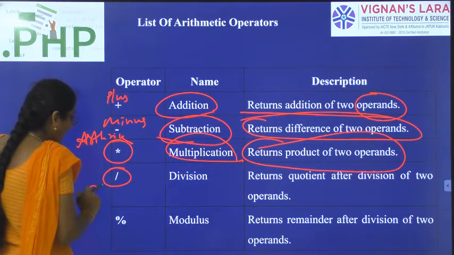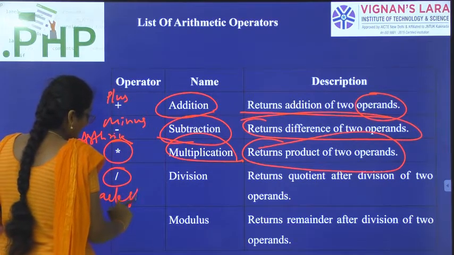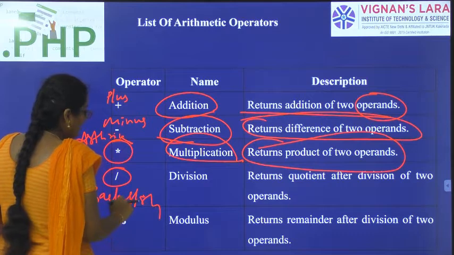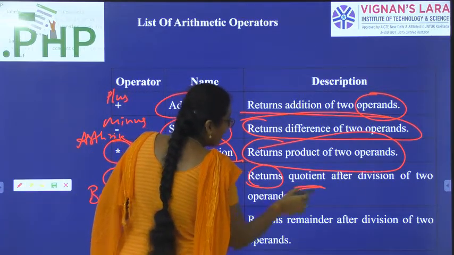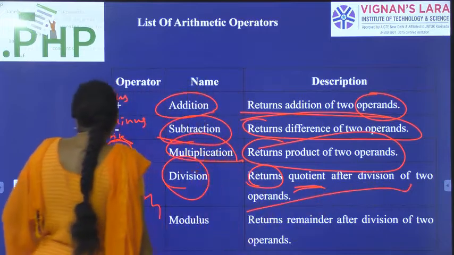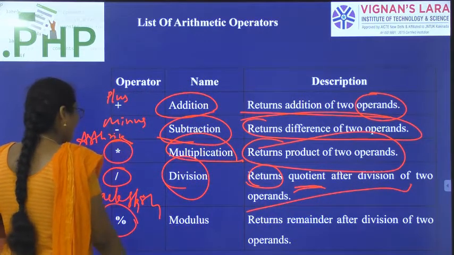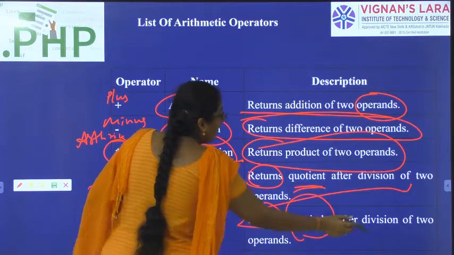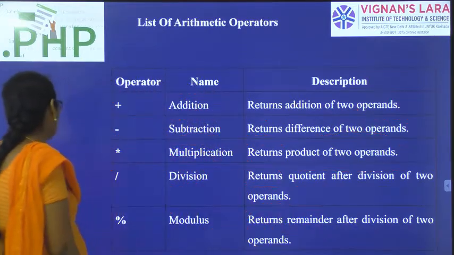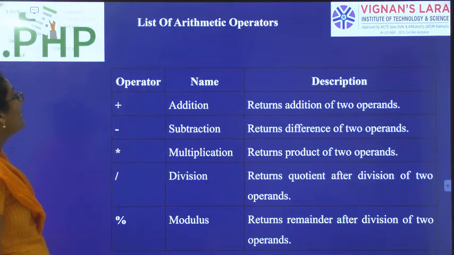Backslash is used for division, which will return you quotient after division of two operands. Finally, percentile symbol is used for modulus, which will return you remainder after performing division to two operands. This is arithmetic operators, list of arithmetic operators.